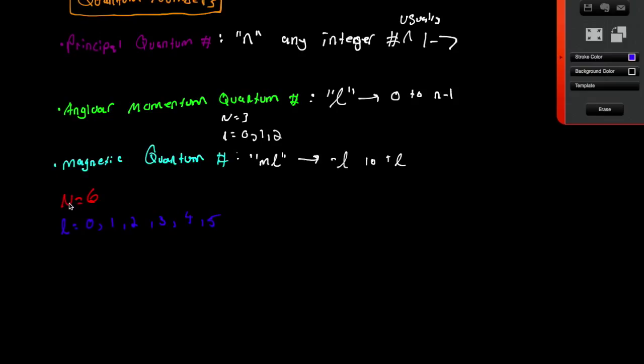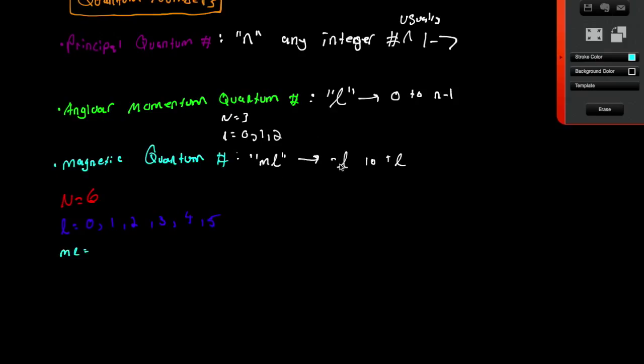Okay? But what about m sub L? Okay? Well, what happens with m sub L? Well, m sub L is completely dependent on whatever L is equal to. And L is equal to all three of these things. But what's up with this formula?